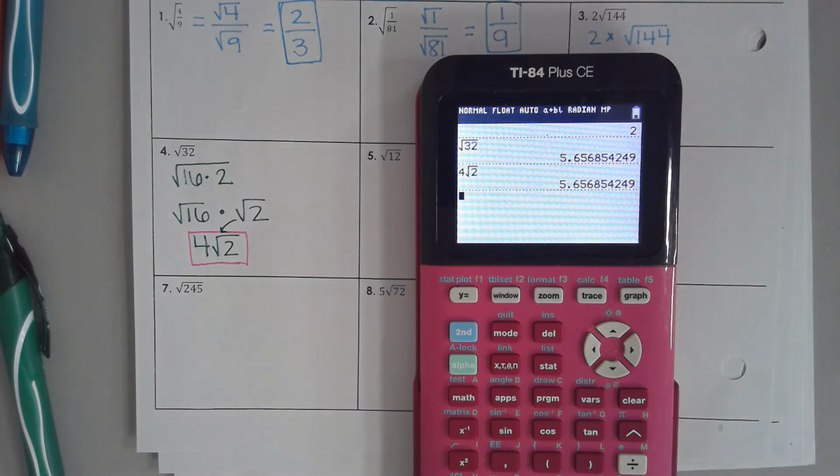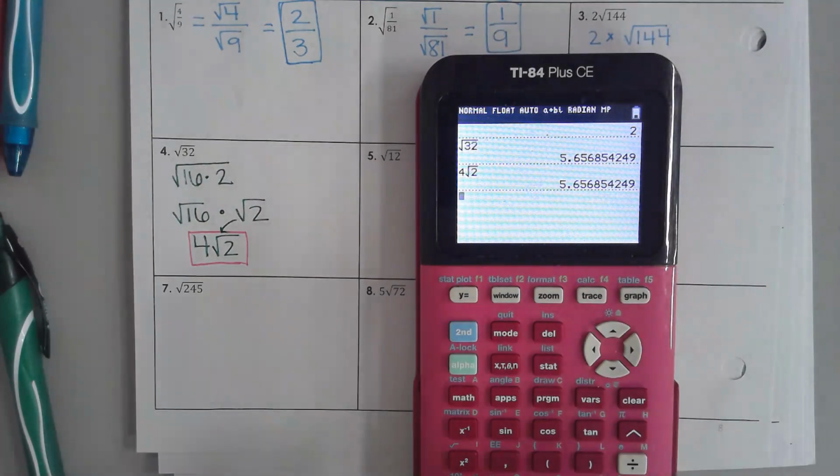And I say probably because you would get the same decimal even if it wasn't completely simplified. So if you pick 4 and 8, you get the same decimal. But at least you know you're kind of on track. If you get something way off, then you definitely messed up.